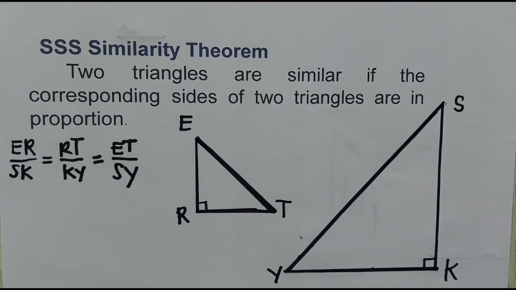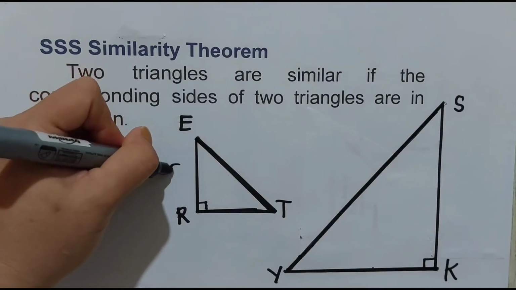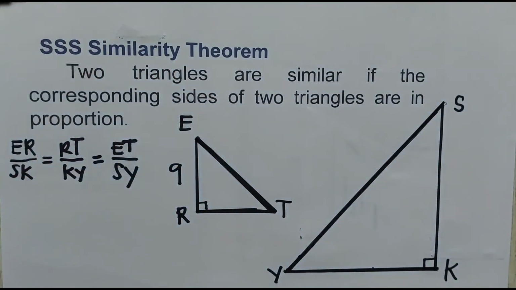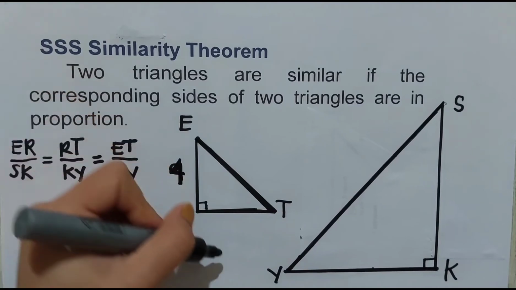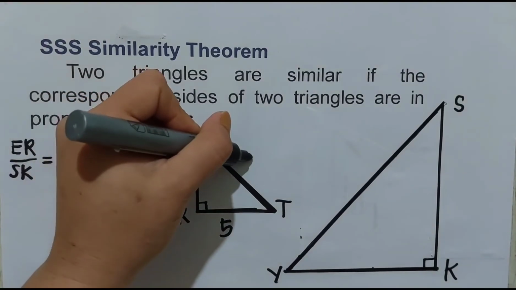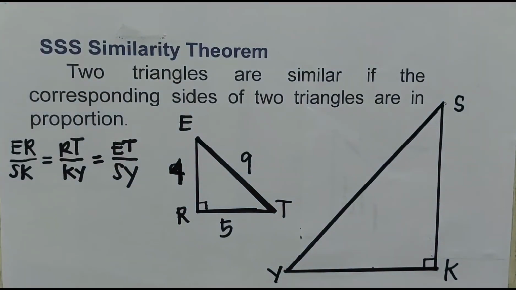Now, to make sure that they are really proportional to each other, what if this is 4, this is 5, and this is 9?